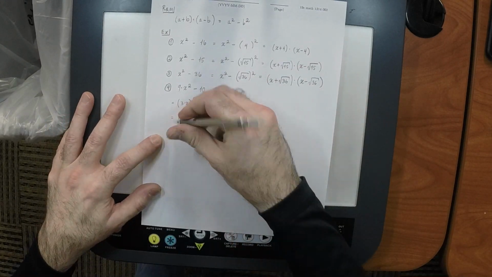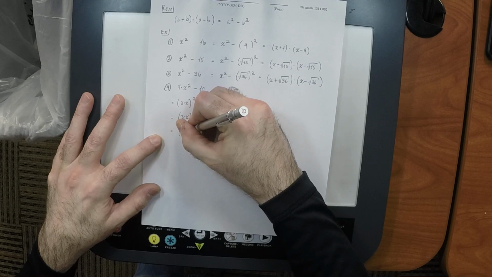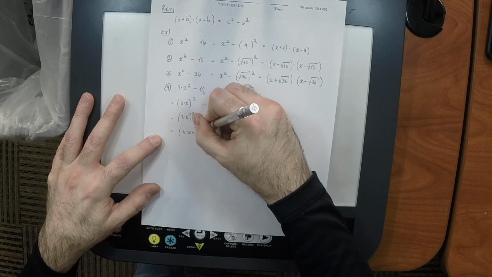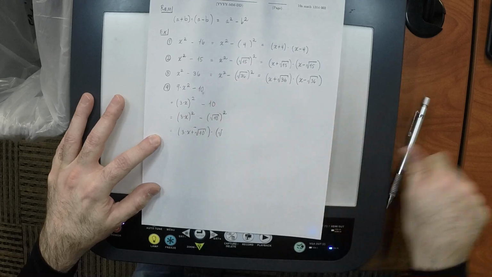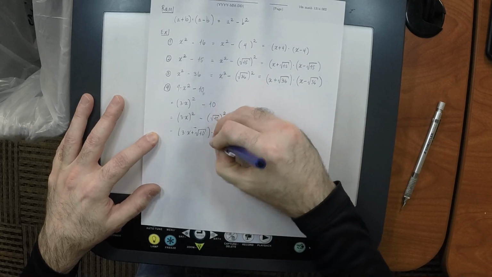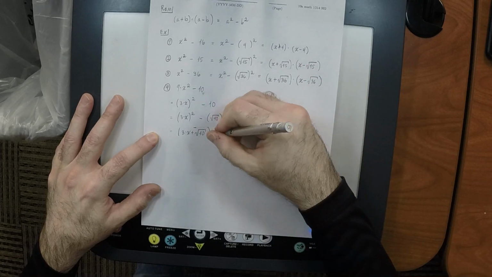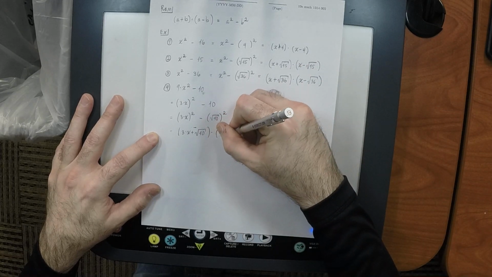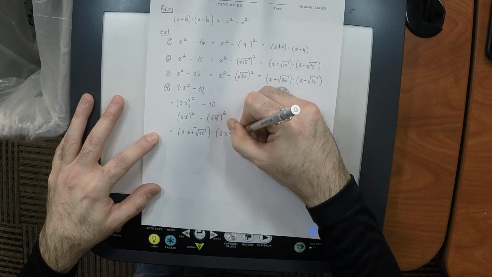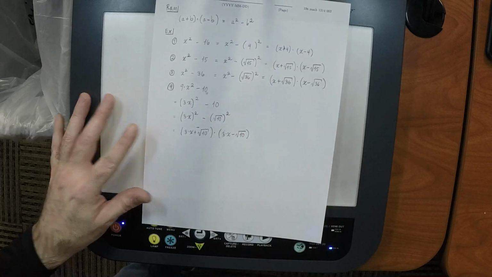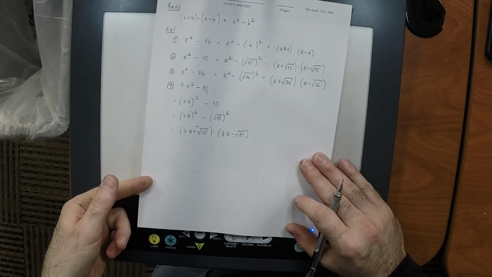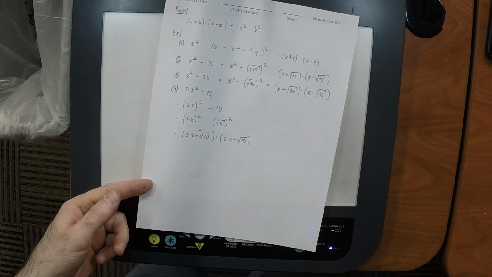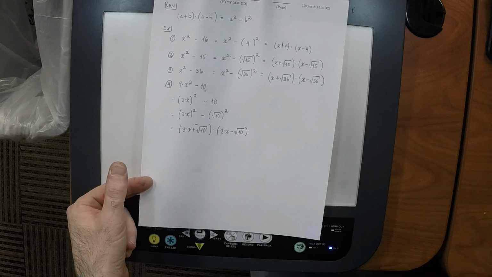So the answer is 3x plus the square root of 10 multiplied by 3x minus the square root of 10. Any question about that? All right. Good. Next thing.